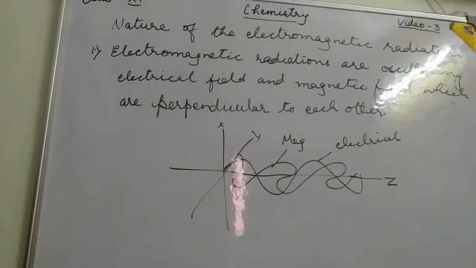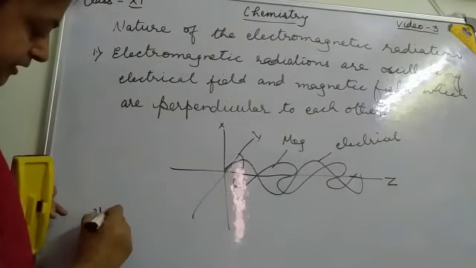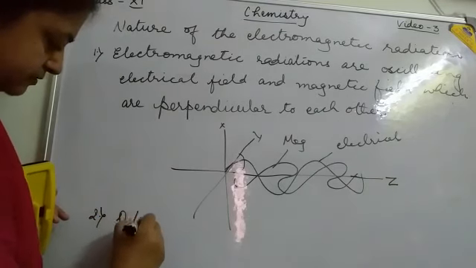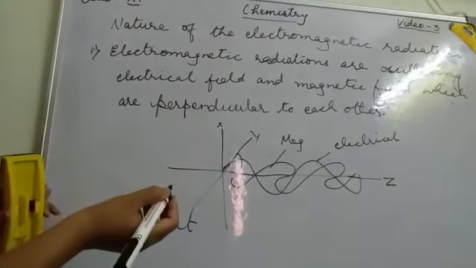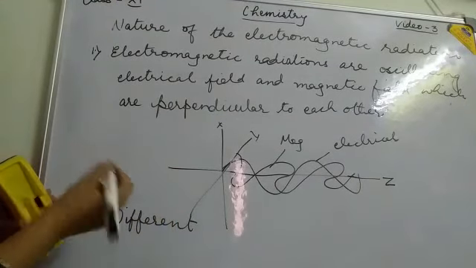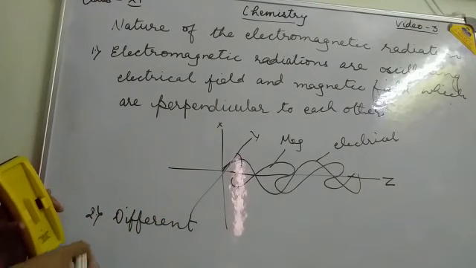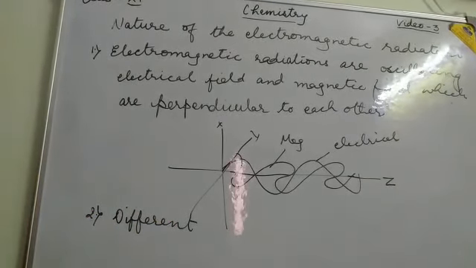And the second thing is, different elements show different types of electromagnetic radiation. They have different frequencies and different wavelengths.